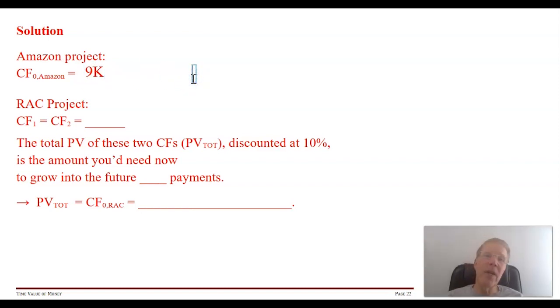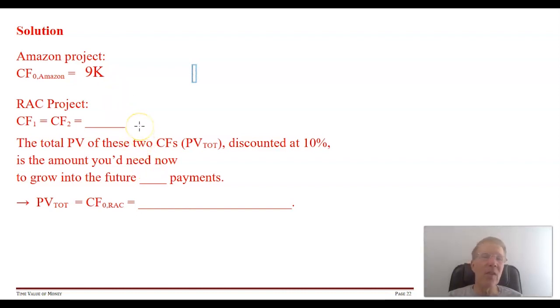So we have to compare both of these projects, and the way to do that is to say, how much would we have to take from our nice pile of cash right now to make this project work? So with Amazon, we just give it to Amazon, we get the bike, and that's 9,000K.